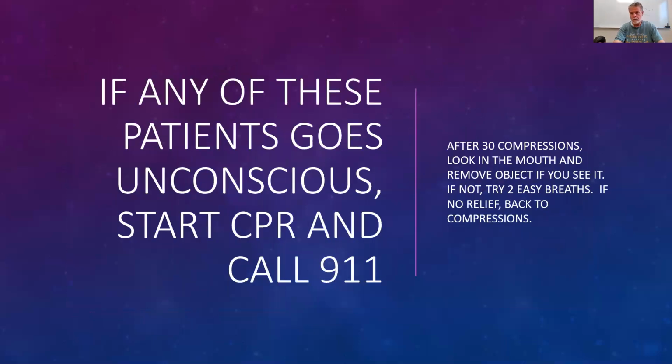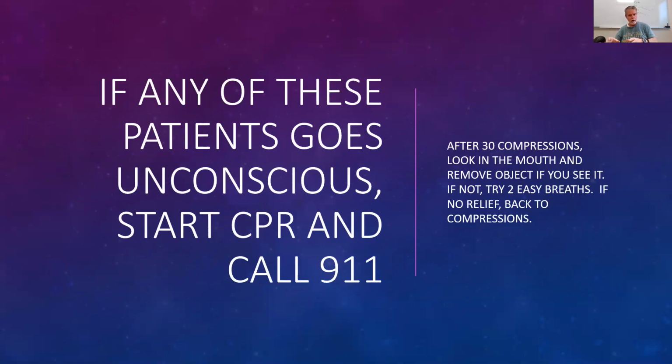Now, if any of these patients, adult, child, or infant, does go unconscious, our steps are simple. We start CPR, and after 30 compressions, we look in the mouth, and only if you can see it do we work to remove that obstruction. So the conscious protocols, adult, child, infant: back slaps, or Heimlich maneuver, or chest thrust.